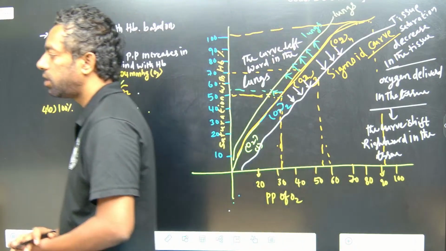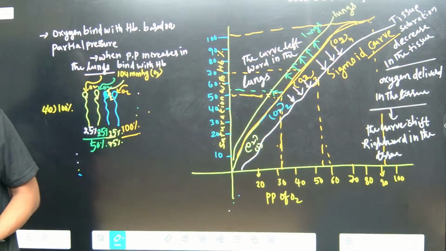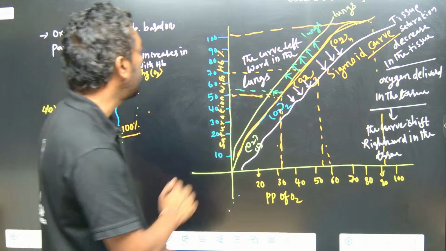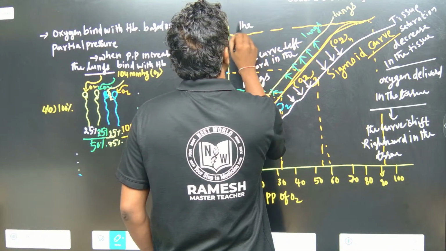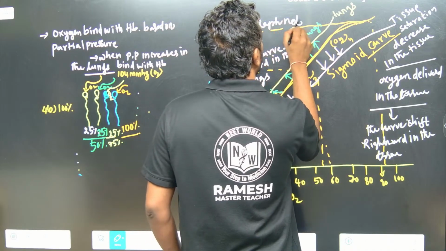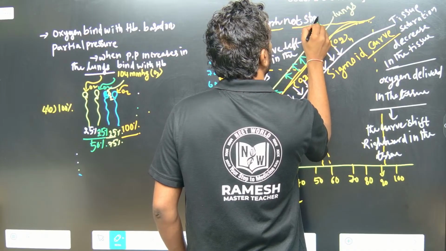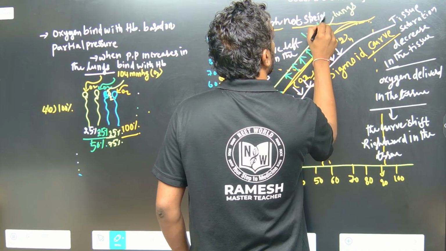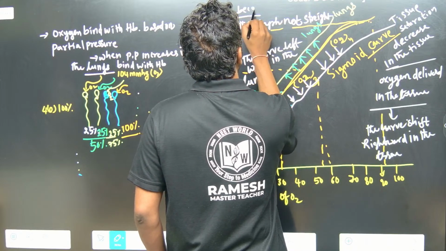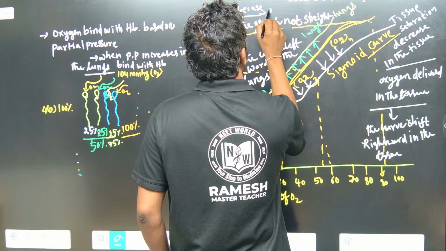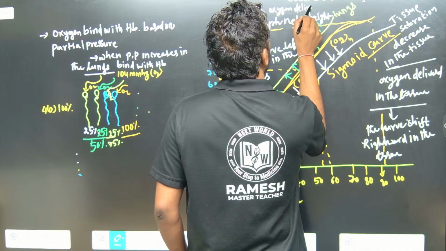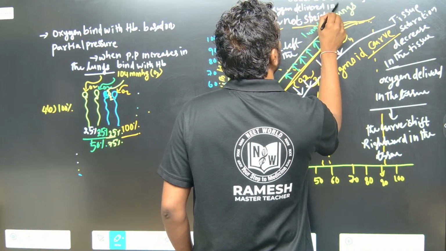This is the oxygen dissociation curve. I hope you guys understand. The graph will not be straight at all, because oxygen is delivered in the tissue.